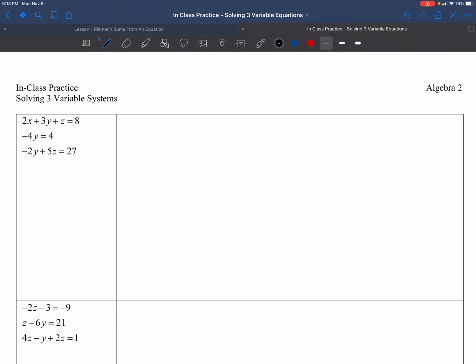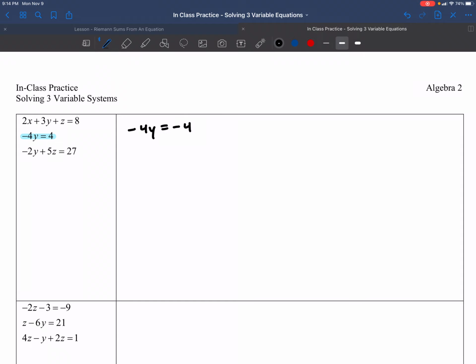So starting with our first equation, I'm going to look at each equation and see which one would be the easiest to solve for one variable. I see that this equation, equation number 2, is probably the easiest, because negative 4y is equal to negative 4.